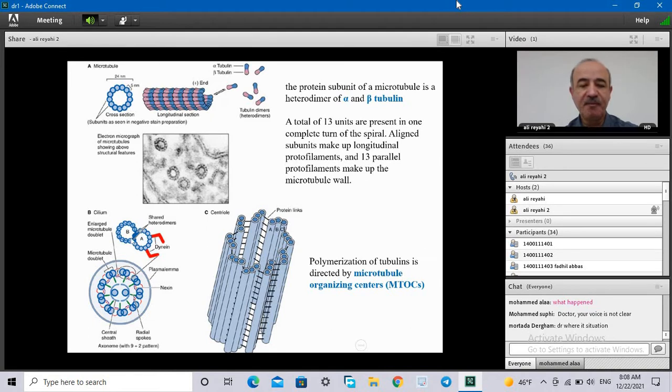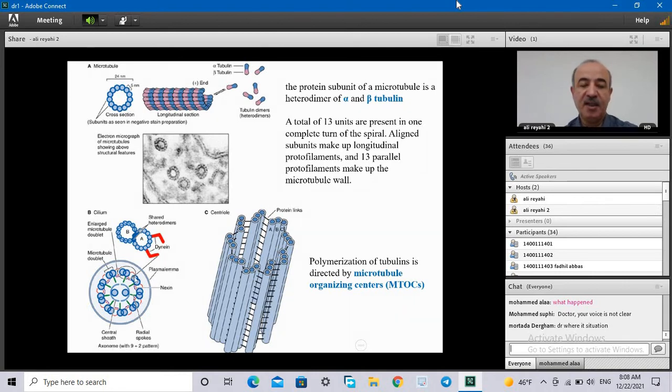Okay, in this picture you can see the axoneme pattern. In the axoneme pattern we can see a formula of 9 plus 2 microtubules.